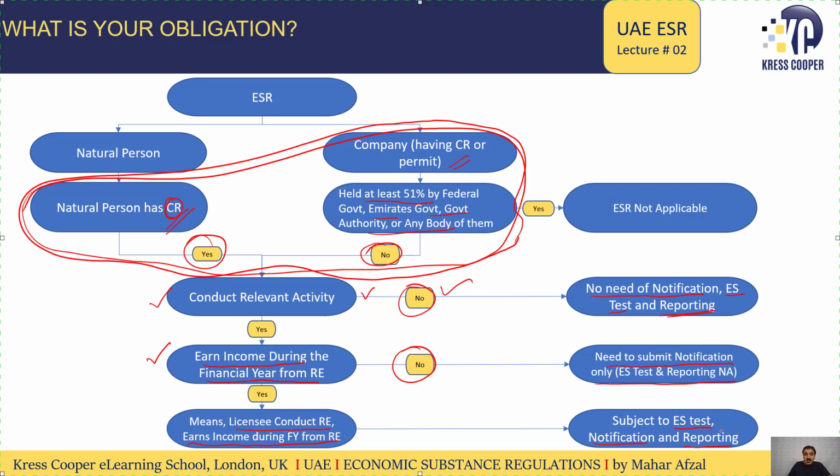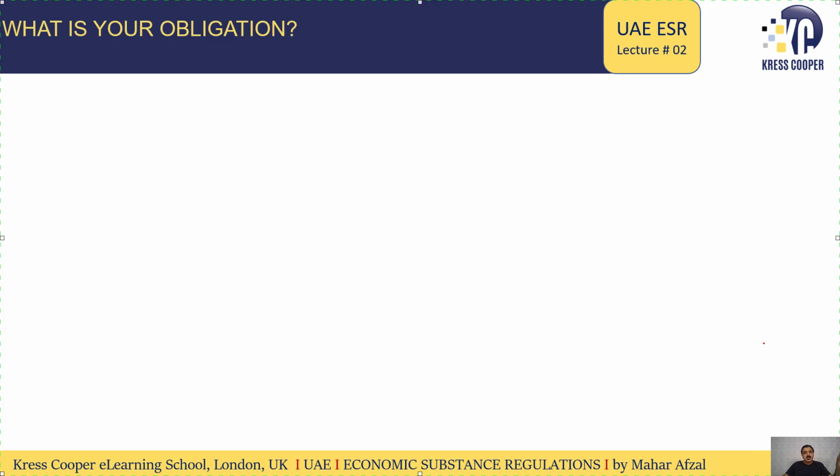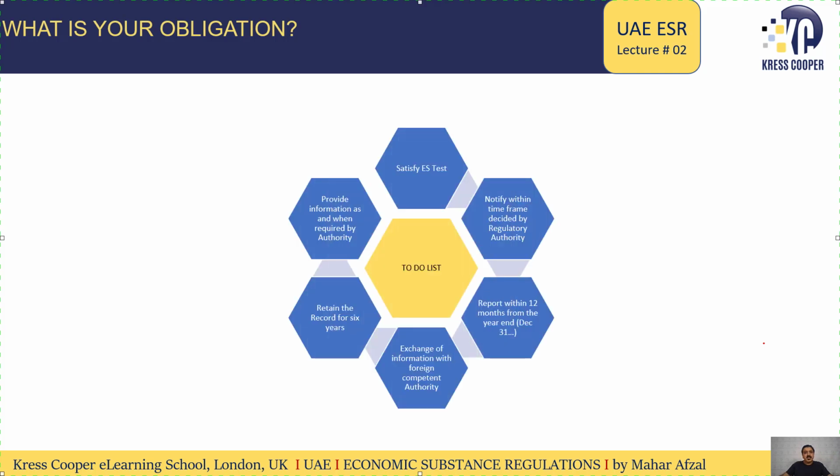So if I go back to the very basic definition we have discussed, licensee who earns income from the relevant activity, they are required to satisfy the economic substance test. And all these conditions are being fulfilled here. For further discussion, we will assume this licensee is conducting relevant activity, licensee earns income from the relevant activity during the financial period. So in this situation, what is the licensee required to do?